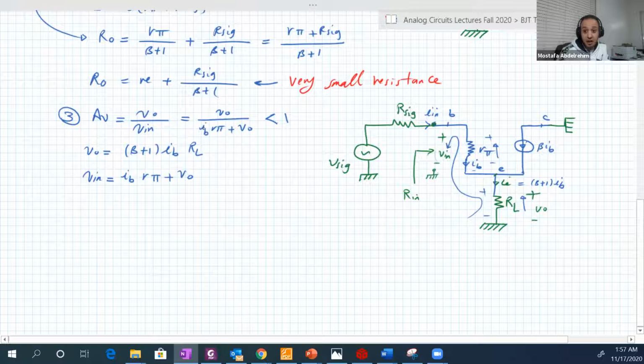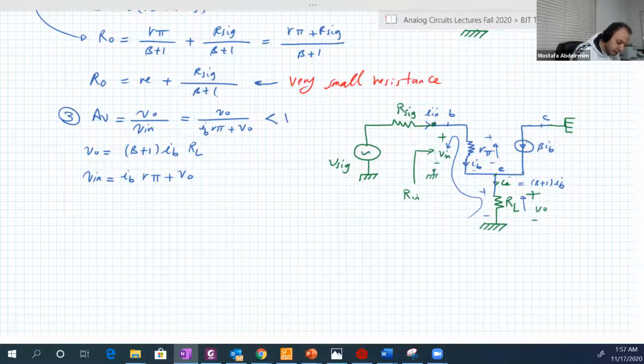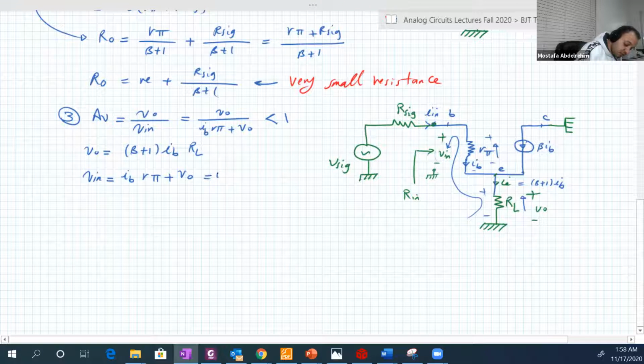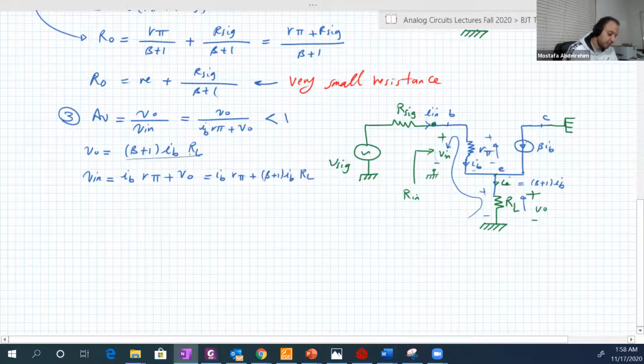Maybe this IB R pi is small, maybe. Let's see. So IB R pi, and VO is (beta plus 1) IB RL. This is VO. Okay. So let's divide those.